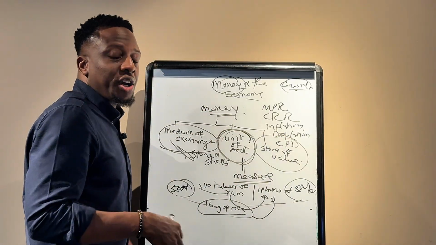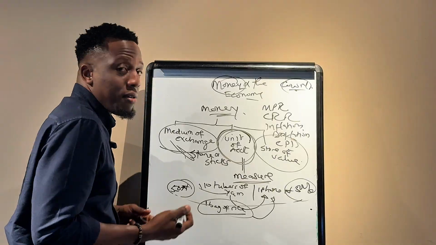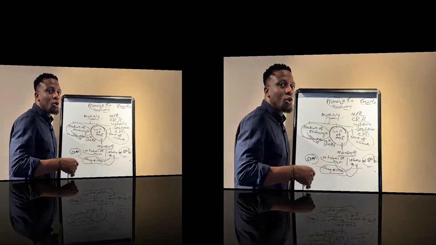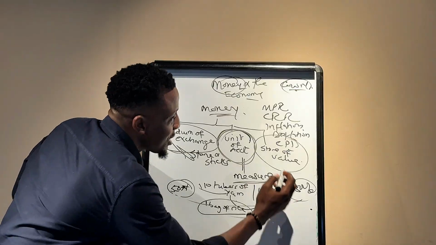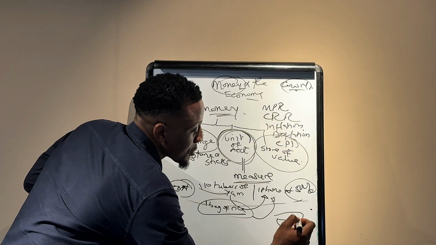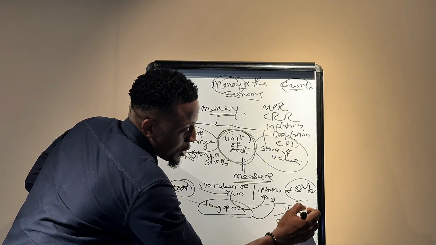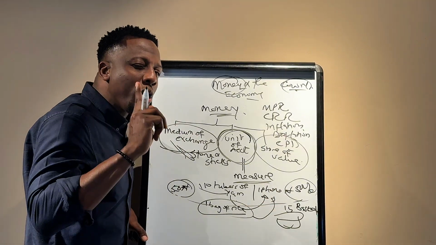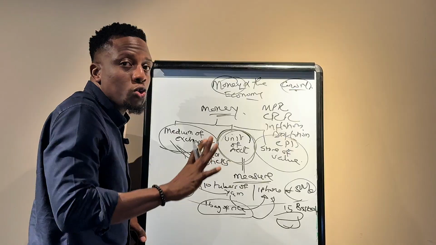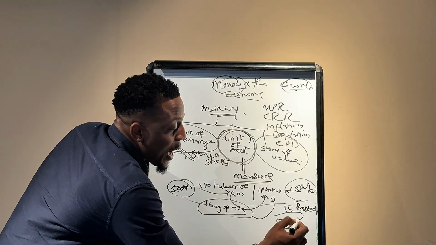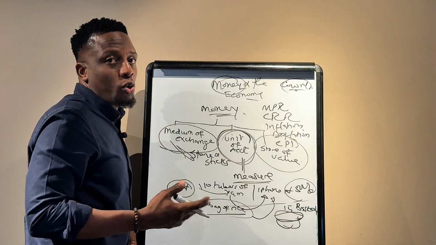The last attribute of money is store of value. So when you create goods and services, let's say you are a tomato farmer, you go to your farm and you harvest like 15 baskets of tomato. Before money was introduced, it was difficult to store value. I harvested 15 baskets of tomato.